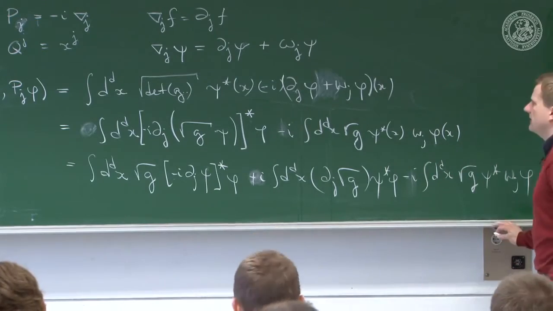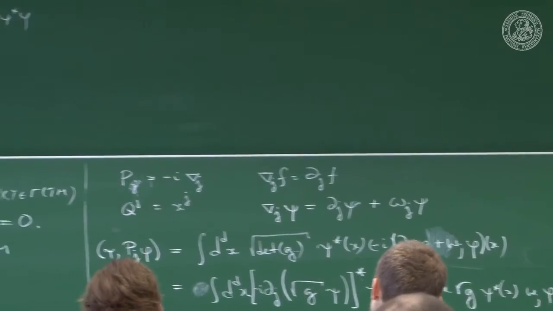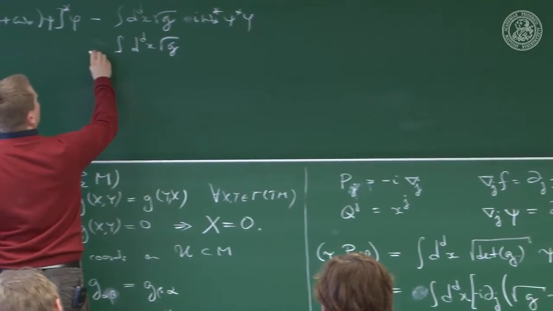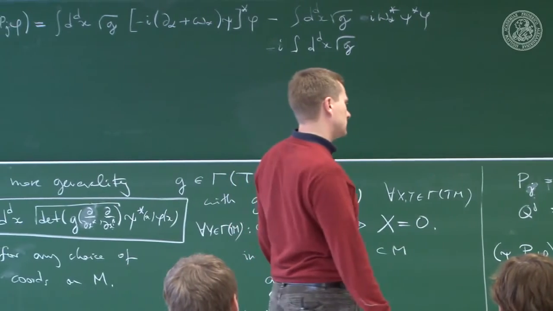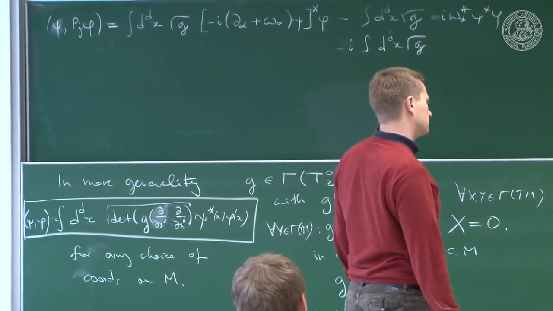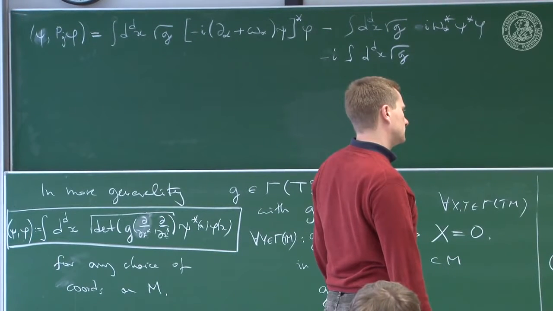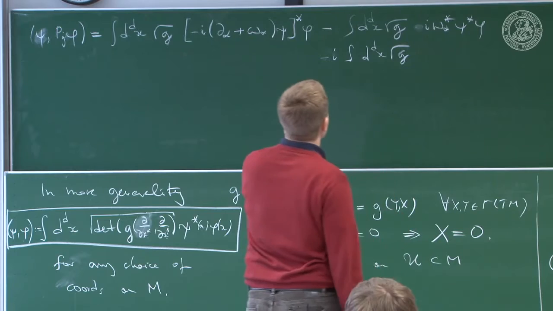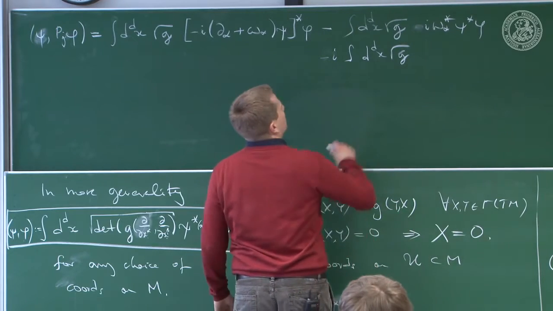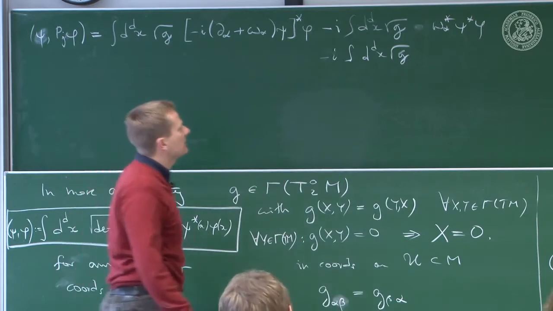So this is a minus i here. Okay? So that's a minus i. Is that correct? Yeah, that's right. So there's the i from here that goes here, one half times. Exactly, thank you.